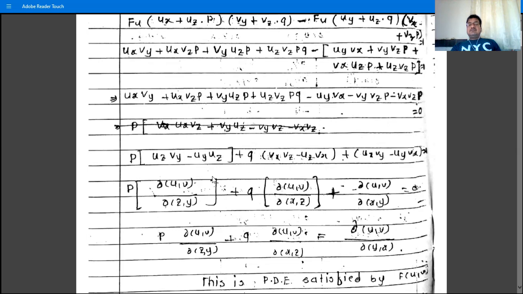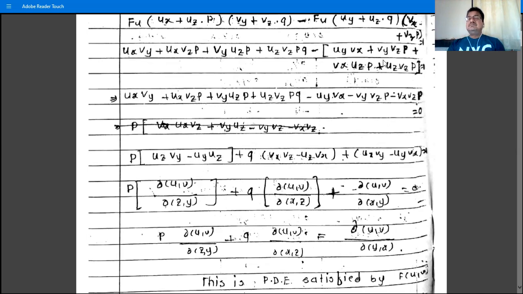This is the coefficient of p. This is the u_x v_z, and for q, write q, so v_y u_z, this term, and here is the term of p, u_y v_z.